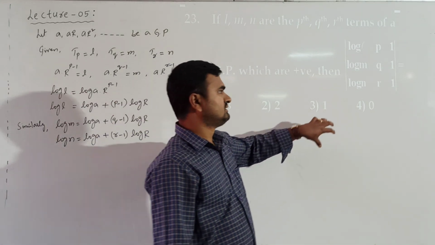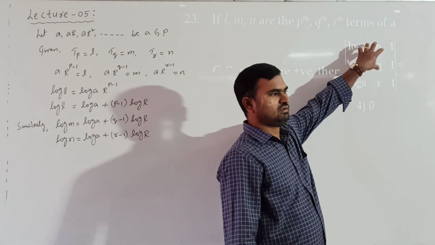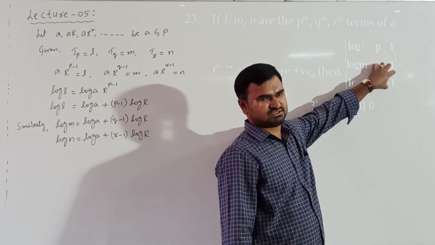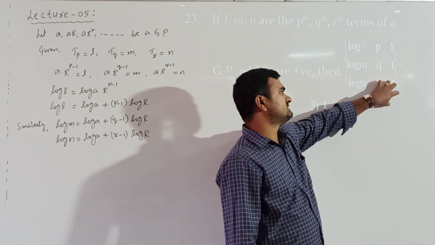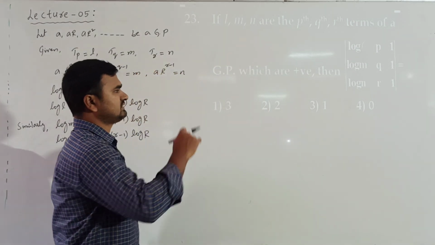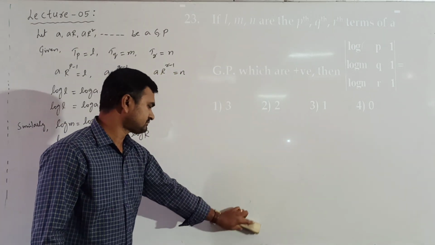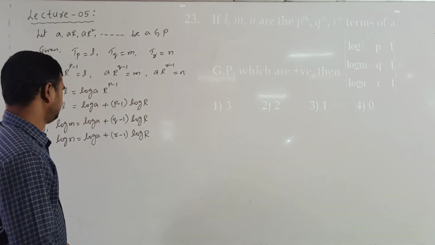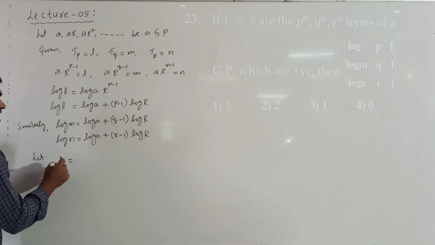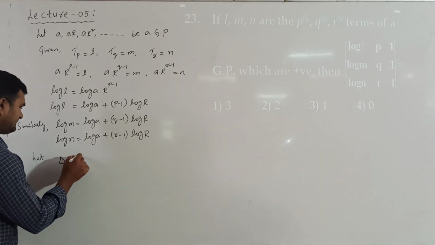Whenever we have three ones, we try to make two ones into zeros. If two ones are zeros, then expansion of the determinant will become easier. Let us take the given determinant as delta.